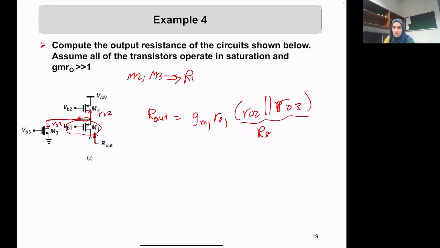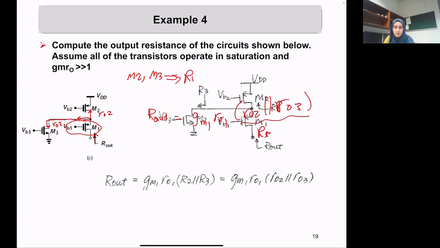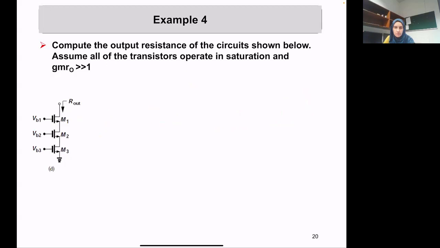Now we have another example. We have three transistors cascoded on top of each other.